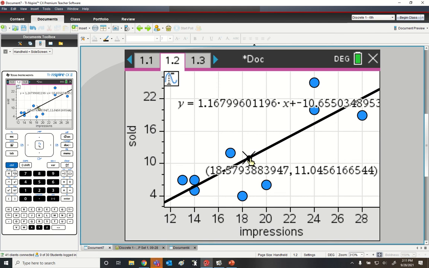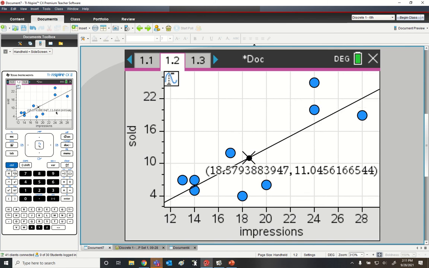So if I'm looking right here, I want my y value to be 11, right? So since I want the y value to be 11, which is here, and I'm approximating it anyway, it means I was looking for the x value, and in this case, the x value is going to be about 18.6. Yes? Yes. That's all I need to do there.